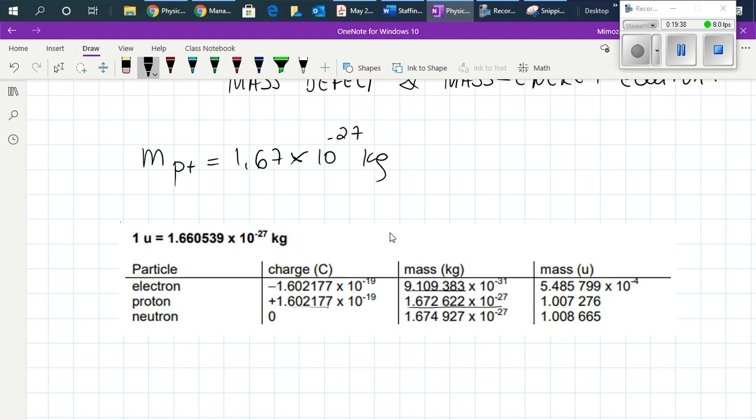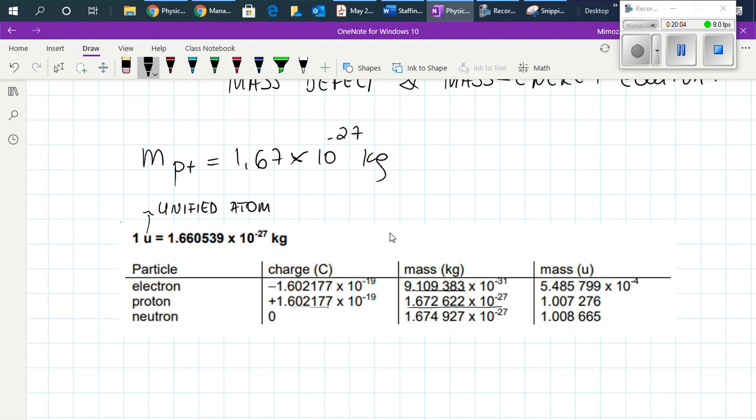Now, in order to make it more comprehensible, what we are presenting is what is known as the unified atomic mass.